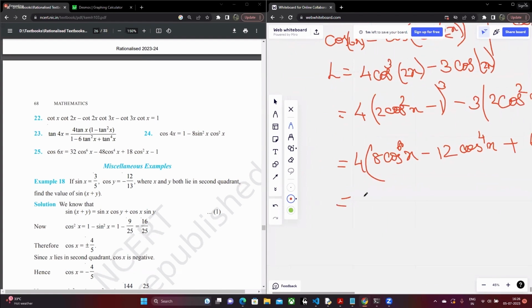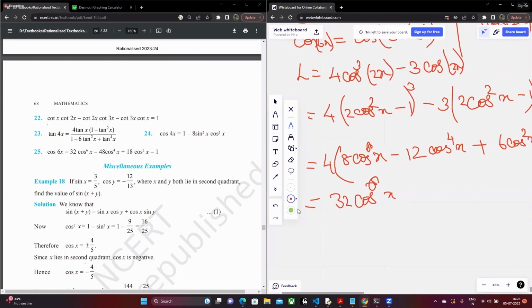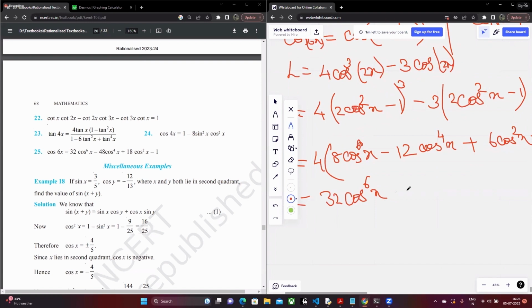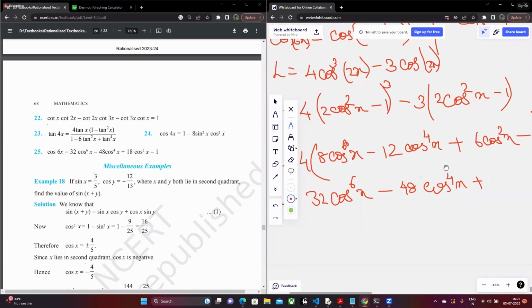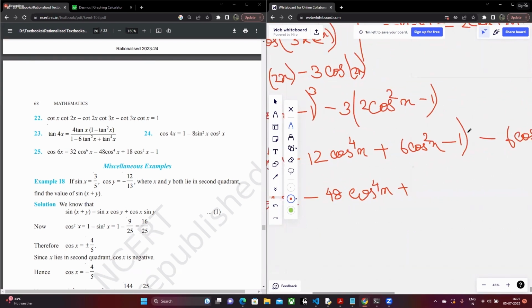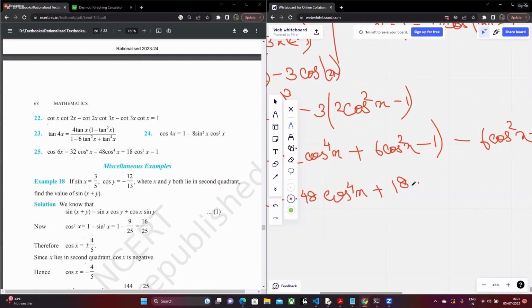I'll basically write this as 32 cos power 6x minus, this is going to be 48 cos power 4x plus this is 4 into 6, that's 24. 24 minus 6 is going to be 18 cos squared x.